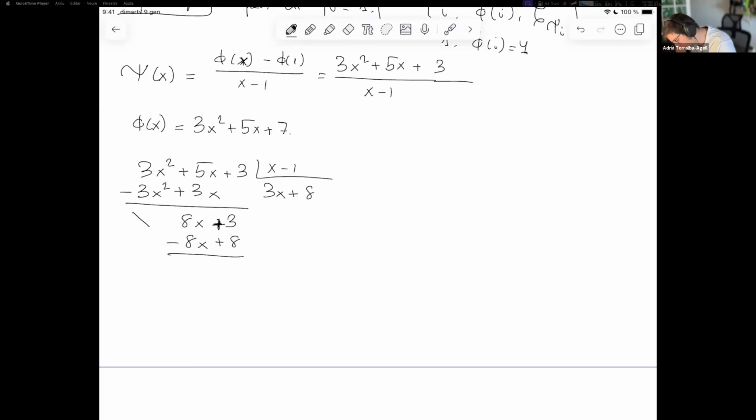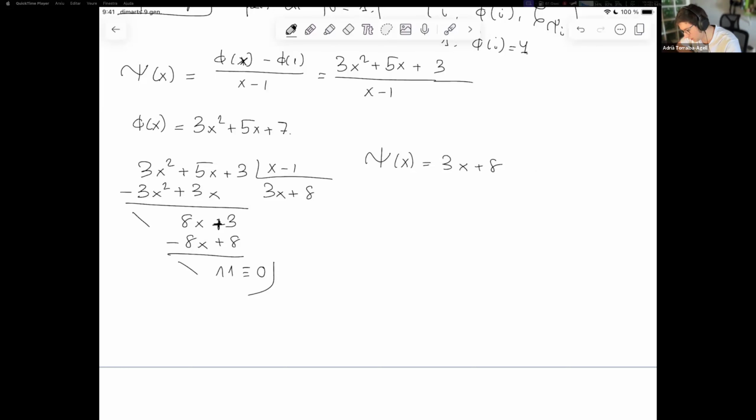So I eliminate that, and 3 plus 8 is 11, but 11 mod 11 is 0. Great, we have our proof polynomial, or quotient polynomial. So psi of x is 3x plus 8.